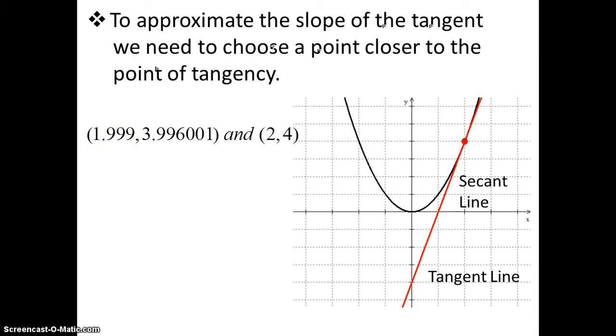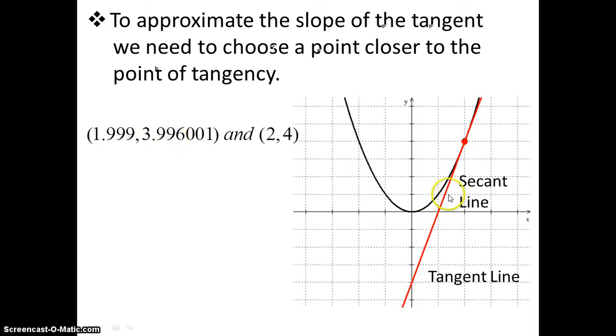Now, I don't just pick this point out of thin air. Remember, these points are contained on the function y equals x squared. So if you square your independent variable 1.999, or your independent quantity, I get this y.